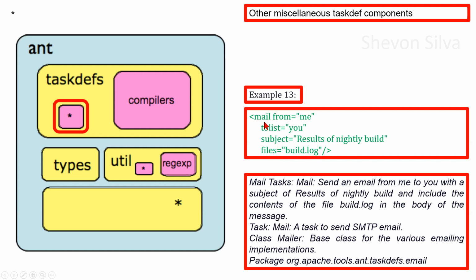The task mail is a task to send SMTP email. With regard to API, class mailer is the base class for the various emailing implementations. This is in the package org.apache.tools.ant.taskdefs.email.